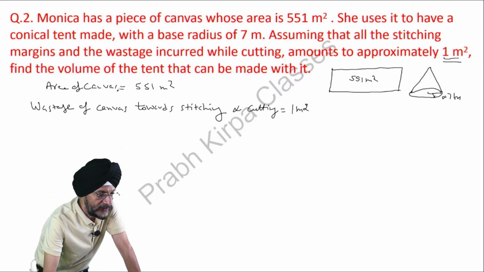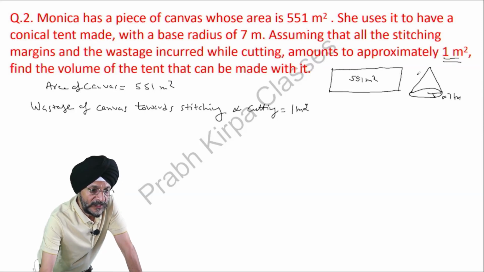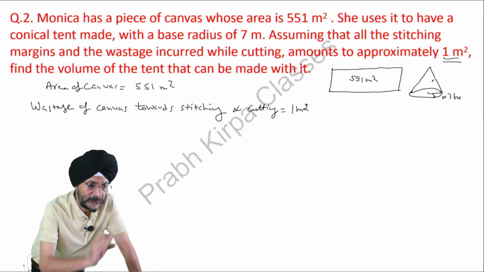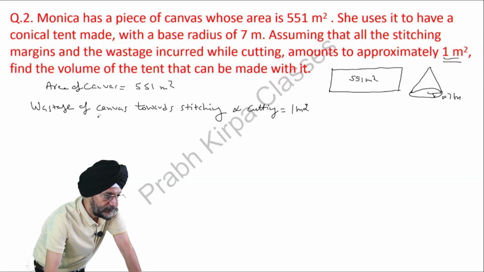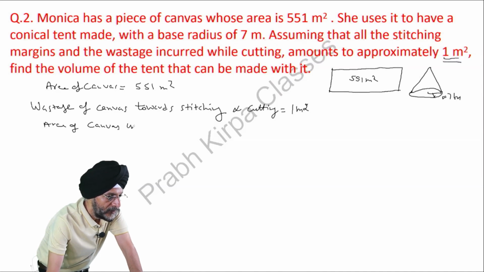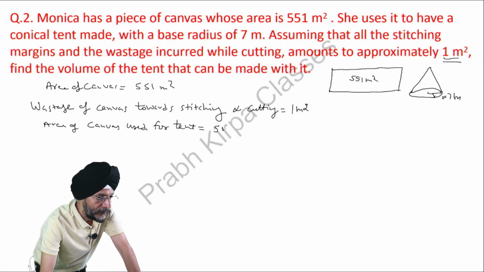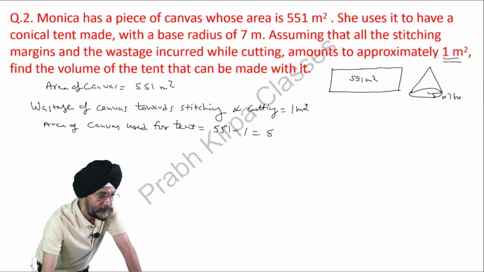It means that this is the total area of the canvas and this is the wastage towards cutting and stitching. Actually, the canvas which will be covering the tent, the area of canvas used for the tent, is 551 minus 1, 550 square meters.